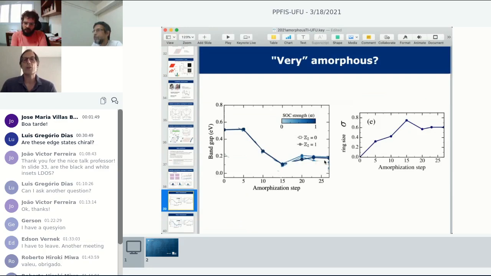It never closes. And in order not to close the topological band gap, you really need to start with a big topological band gap of the order of electron volts. If you have anything which is small, then it will close. And so this restricts your choice of good candidates for a 2D amorphous material with topological properties.